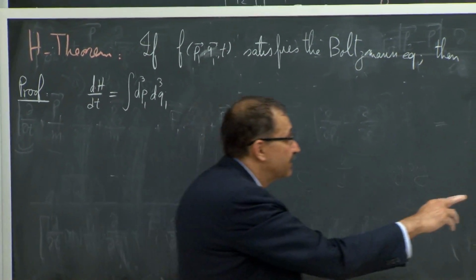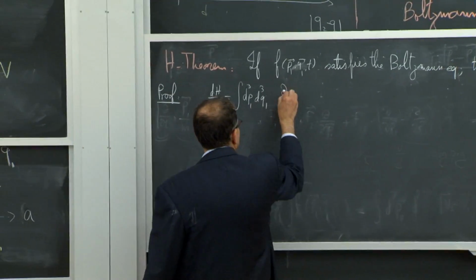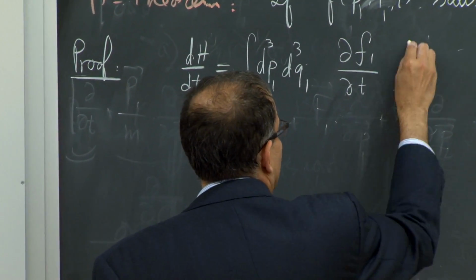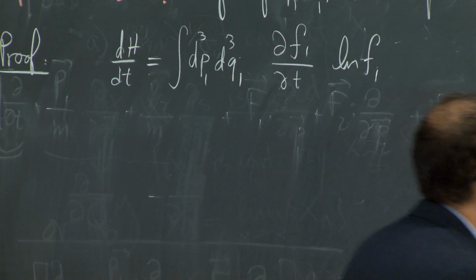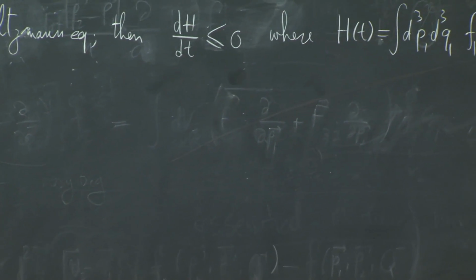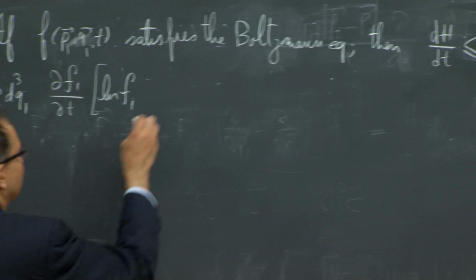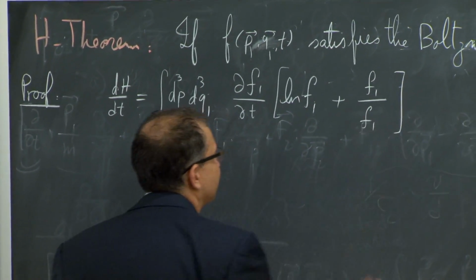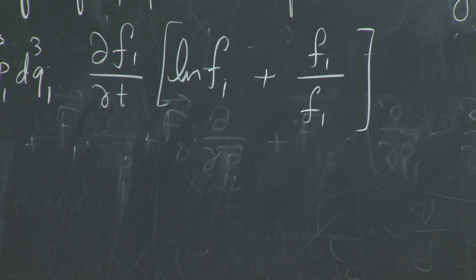So I have to take the time derivative. The time derivative can act on f1, and then I will get df1 by dt times log f1. Or I will have f1 times the derivative of log f1. The derivative of log f1 would be df1 by dt, and then 1 over f1, and then I multiply by f1. And this term is simply 1.